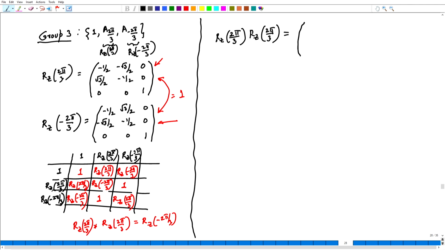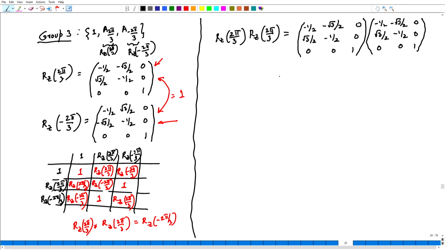Now, this can be written as minus half, minus root 3 upon 2, 0, root 3 upon 2, minus half, 0, 0, 0, 1, and the same matrix repeated again: minus half, minus root 3 upon 2, 0, root 3 upon 2, minus half, 0, 0, 0, 1. And let us see what result one gets.